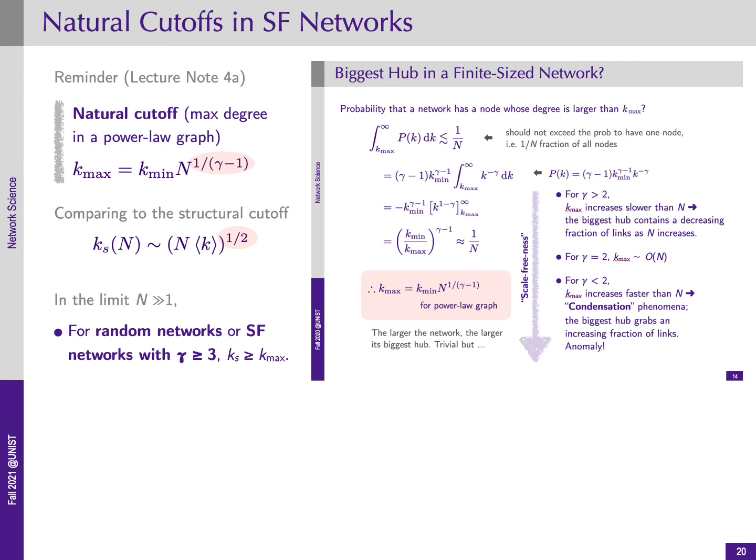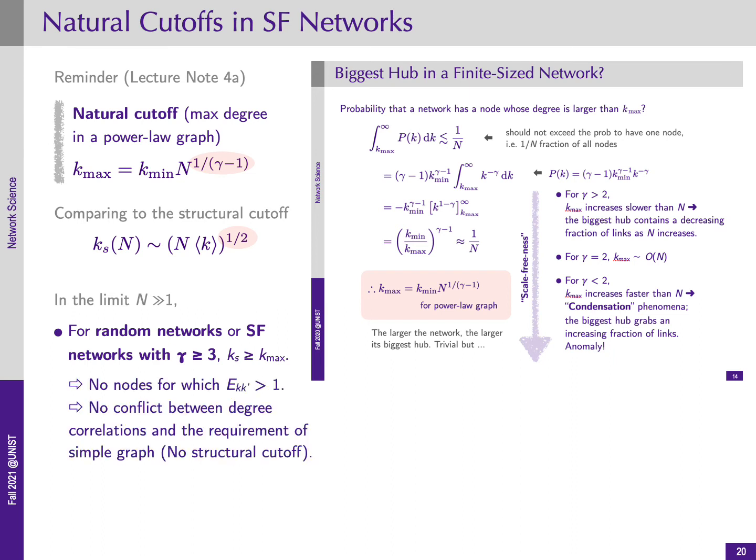Already K max is kind of cutting off, so that no nodes would have degree more than K max. So you don't have to worry about this structural cutoff. So no nodes for which e_kk is larger than 1. So there's no conflict between the degree correlations and the requirement of a simple graph. So you can construct a power law or scale-free graph with neutral correlations.